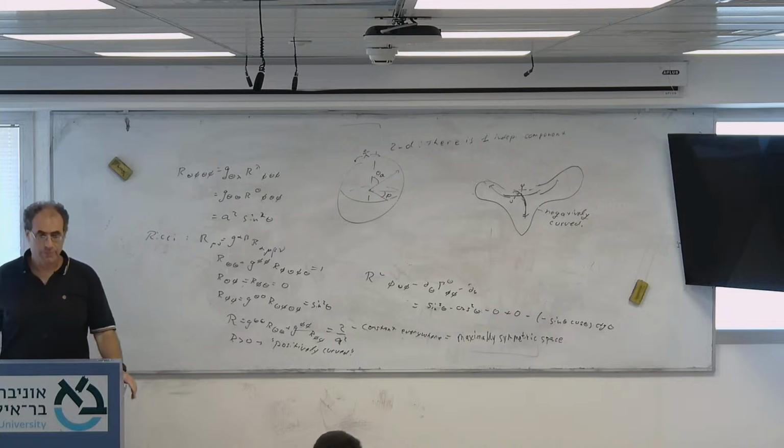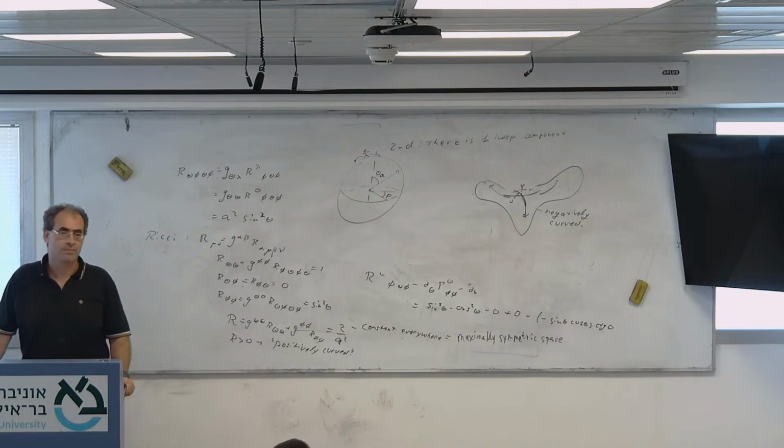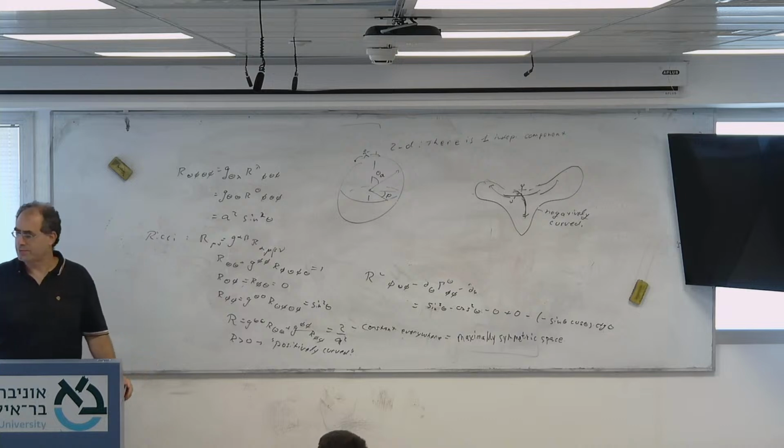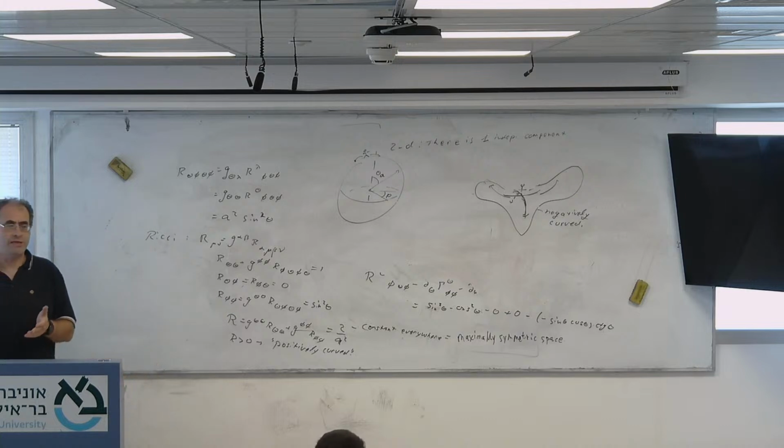Is it possible to embed something like this, negatively curved, in 3D Euclidean space? Like a sphere you can. This is not a closed space, but in principle you can envision that.